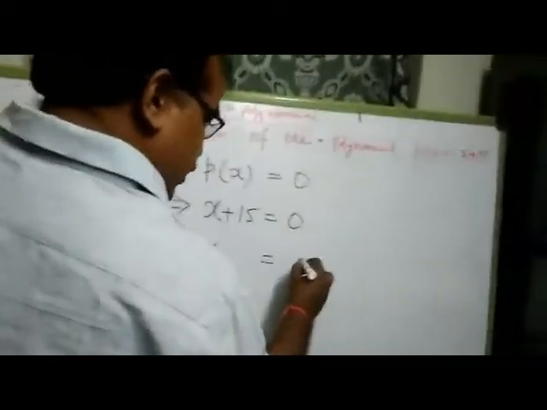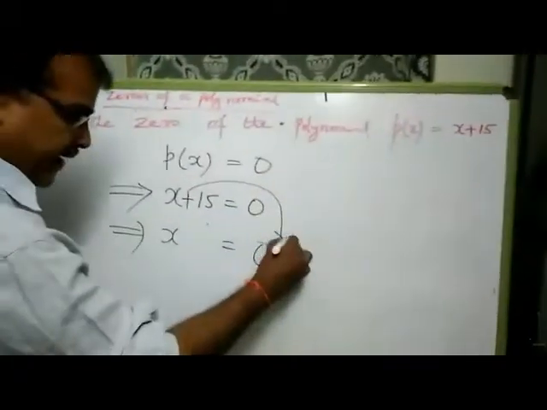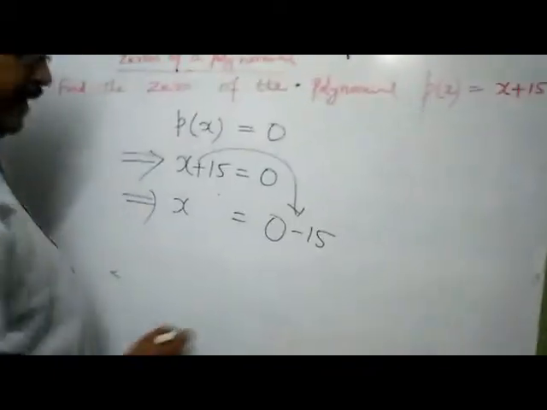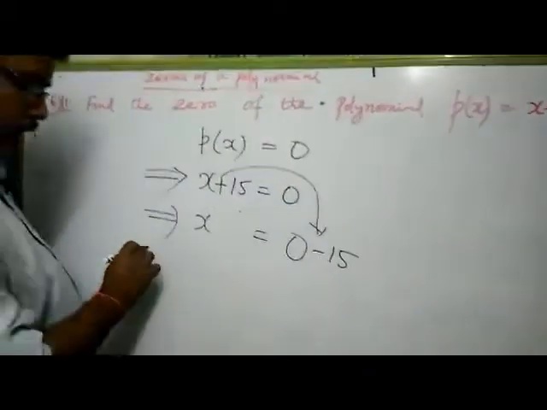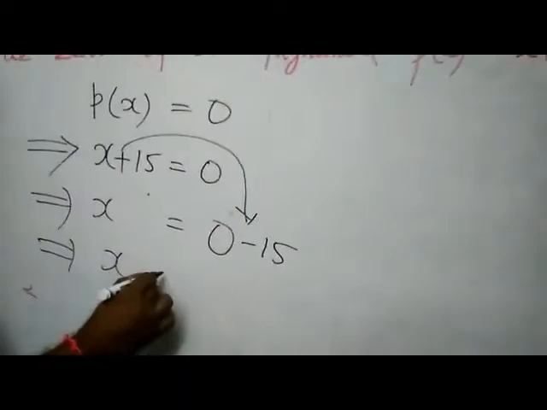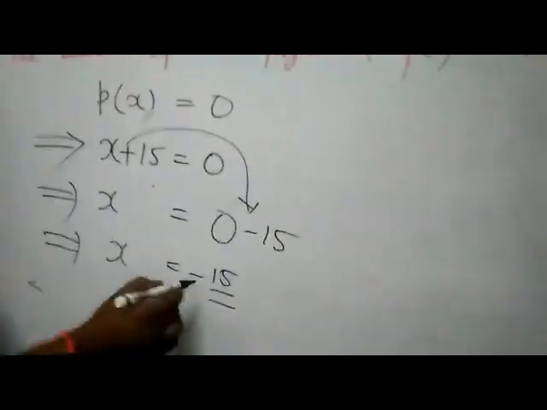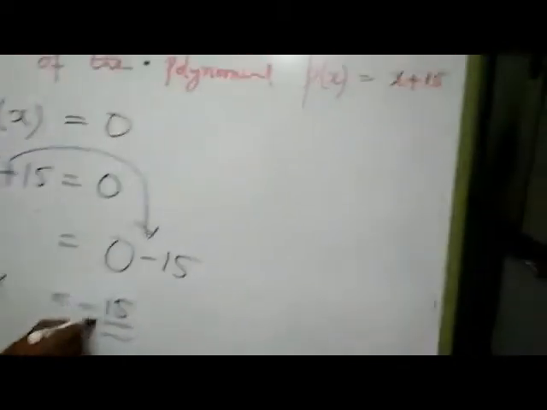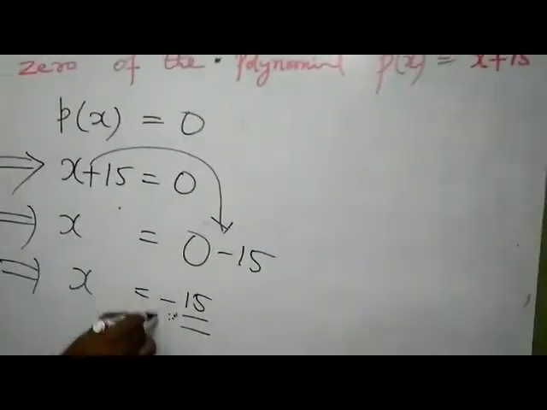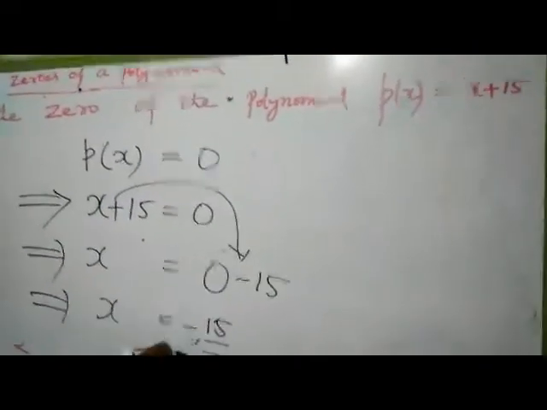Therefore, x is equal to 0 minus 15, transposing, so x is equal to minus 15. Therefore, x is equal to minus 15 is the root of the polynomial.